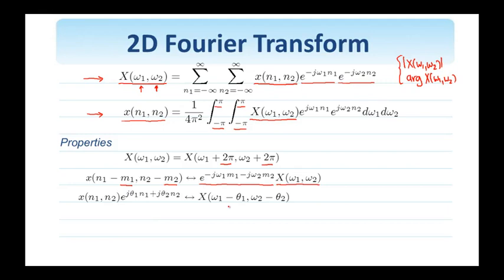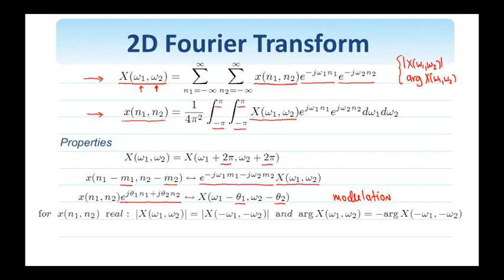The reciprocal to this property is the modulation property that tells me what happens if I shift the spectrum by theta 1, theta 2. So similarly, I see that I have this complex exponential appearing in the spatial domain.